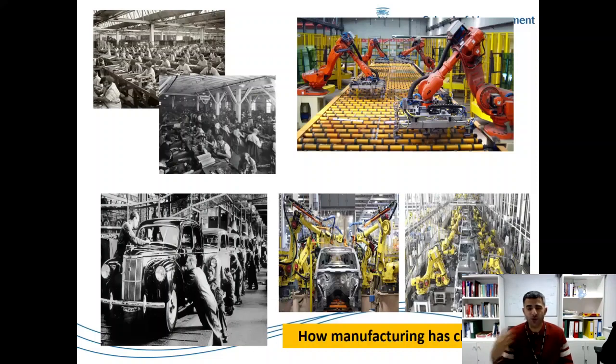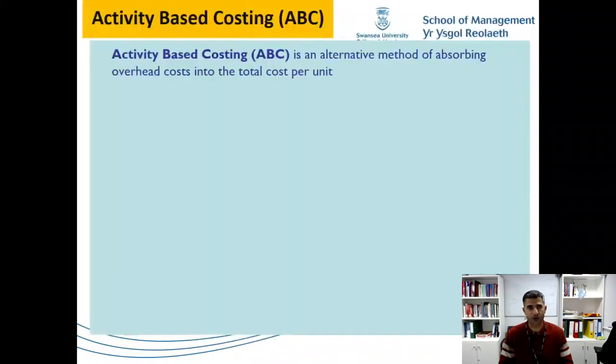Years ago they used to rely on labor, mainly for the overhead. The main overhead would be the labor cost, but no more. Here it jumped, and now the overhead includes a lot of costs, including the automation, the machine costs, etc. So the overhead consists of a large portion of the total cost.